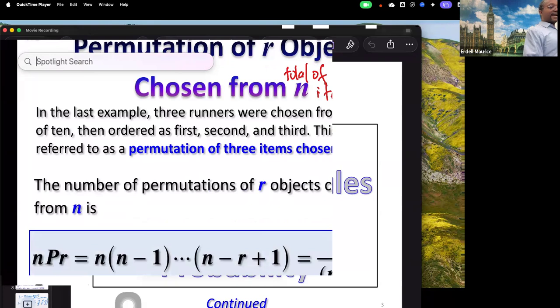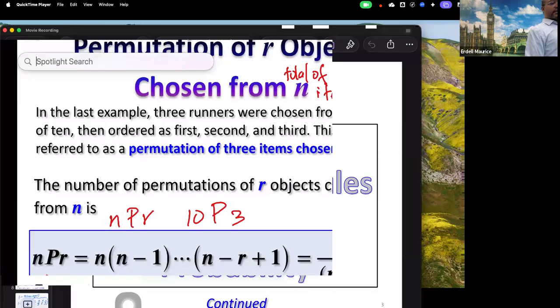When we're selecting only a smaller group, we write nPr. n is the number: how many people were running the race? 10 people. And how many of the positions were we choosing? 3 of them.